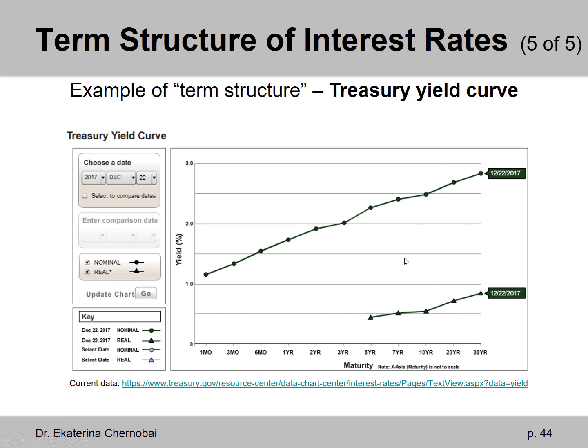So the difference between the higher line, the nominal rate, and the lower line, the real rate, is the expected inflation. So we can even calculate it's roughly a 2% inflation 30 years from today. And this graph is about a year old. So it's from end of December 2017.